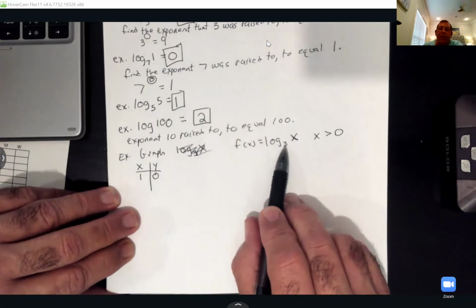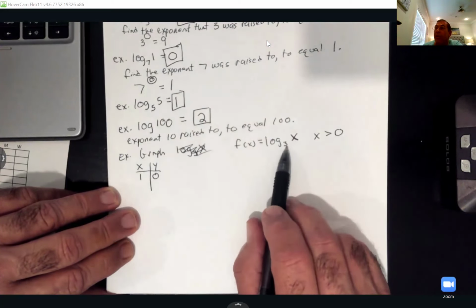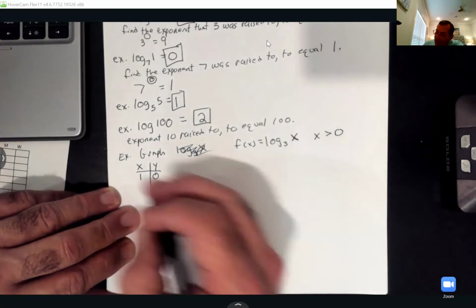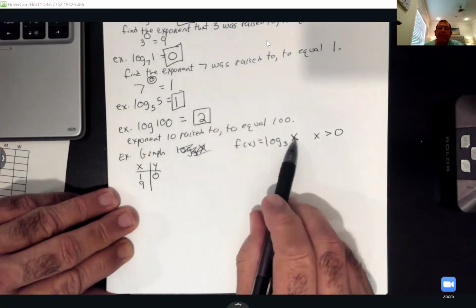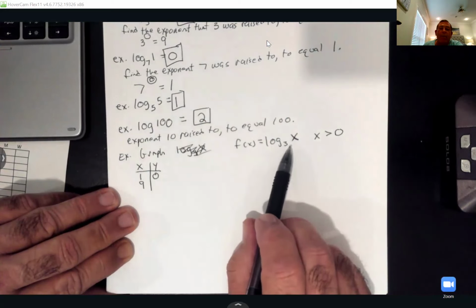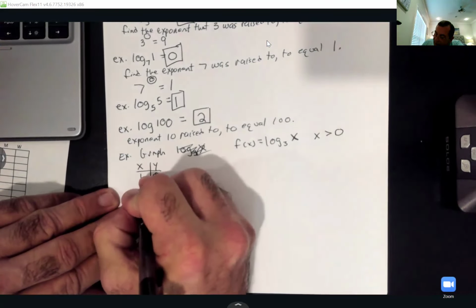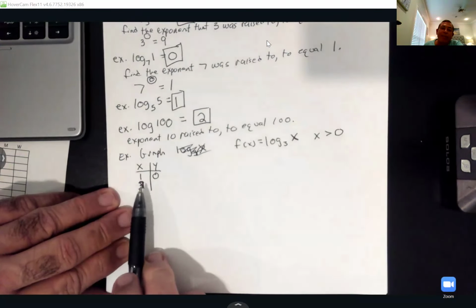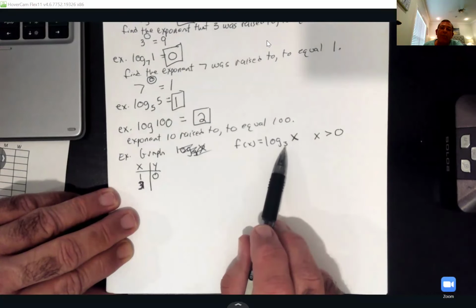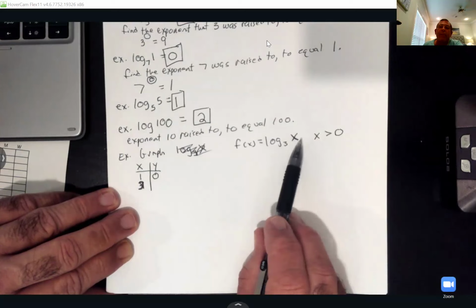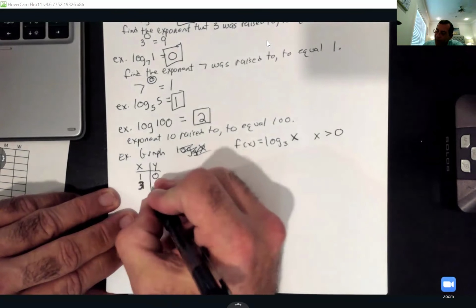All right, so I got a 3 there, so I'm going to pick numbers that I know 3 will turn into. So my next number I'd probably pick is a 9. If I put a 9 in for the x, whoops, I'm going to put a 3 first, my bad. Make that a 3, not a 9. I was trying to skip one. If I put a 3 in for the x, what exponent would I raise 3 to make it a 3? 1.